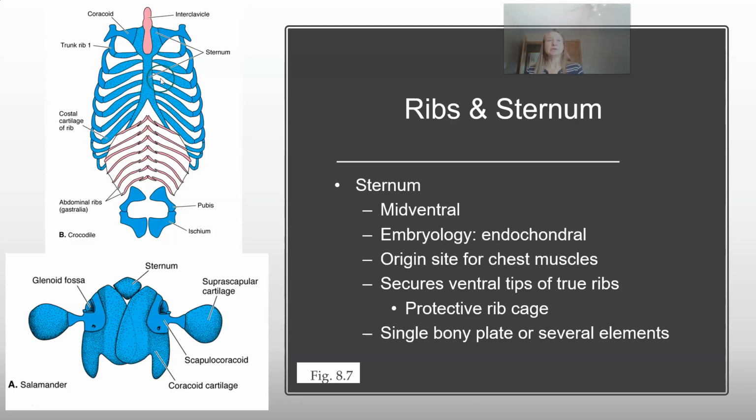It helps to secure the ventral tips of the true ribs. So again, the ribs are attaching here, or articulating with the sternum, and this helps to protect the rib cage. And again, the sternum can either be a single bony plate, like we have in salamanders, or it could be several bony elements, like we have 3 elements for our sternum, which I'll show you in a minute. But here again, here's the crocodile sternum.